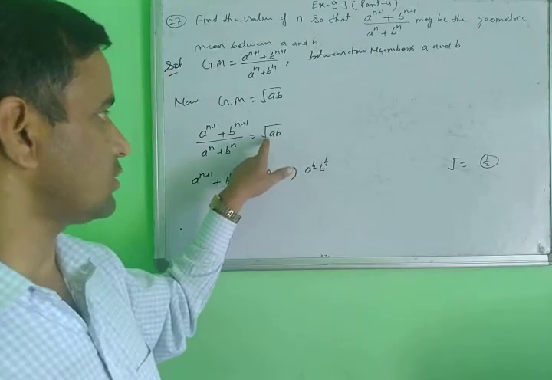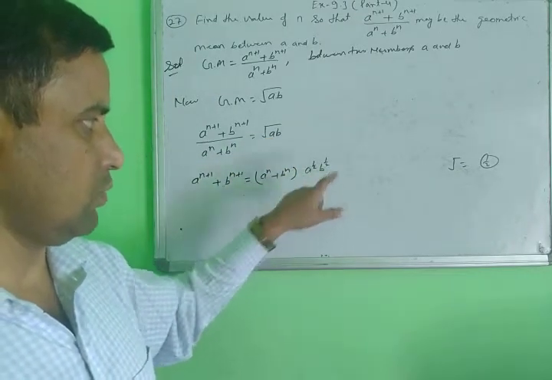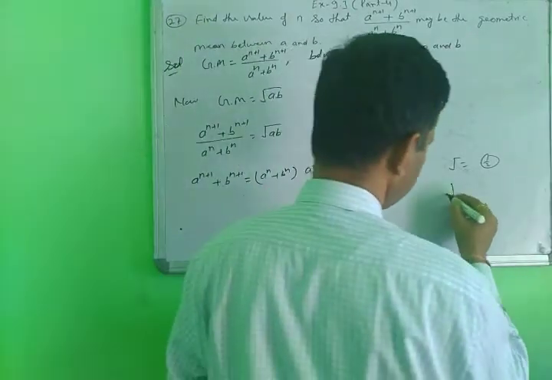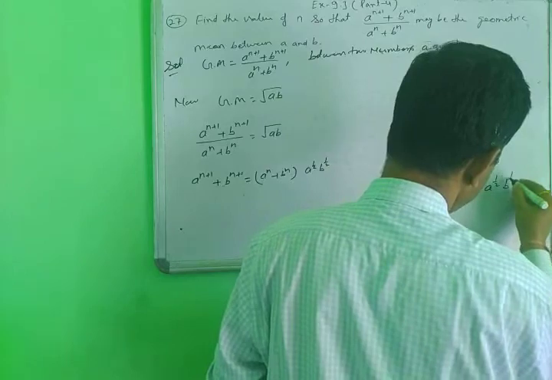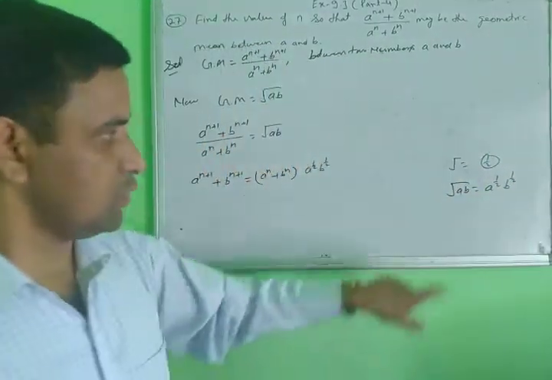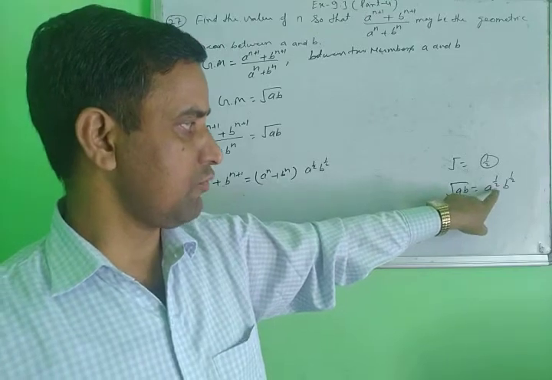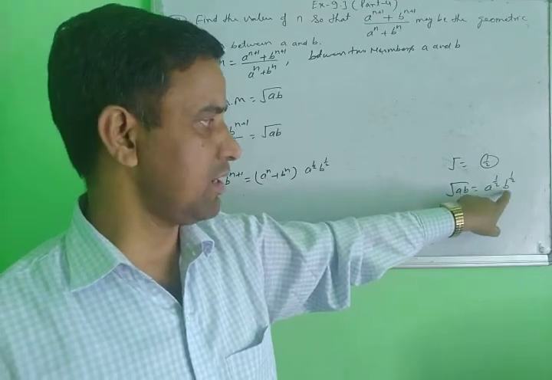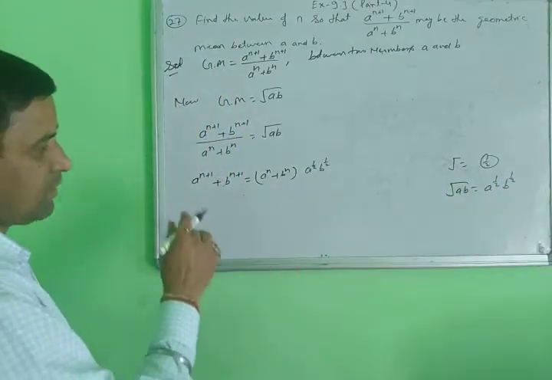So square root ab means a^(1/2) and b^(1/2). You can write it in this form: square root ab means the exponent of a is 1 by 2 and the exponent of b is 1 by 2. After that you will multiply here.